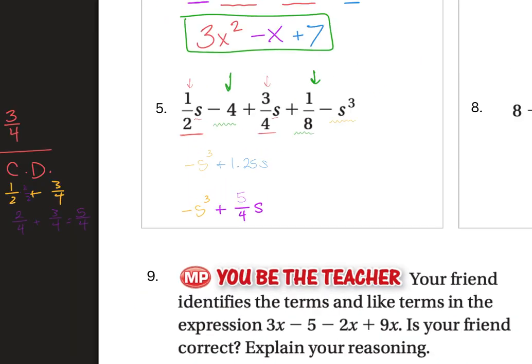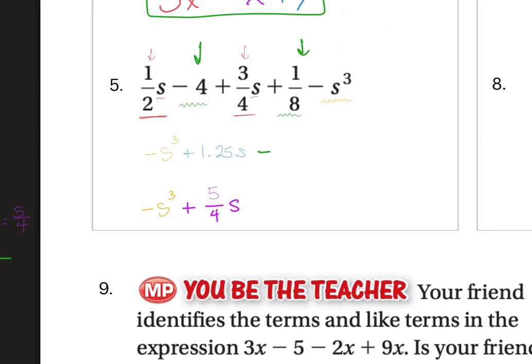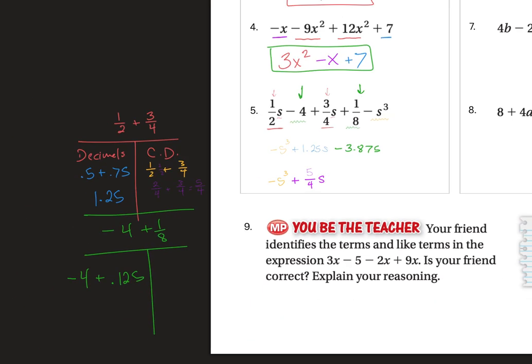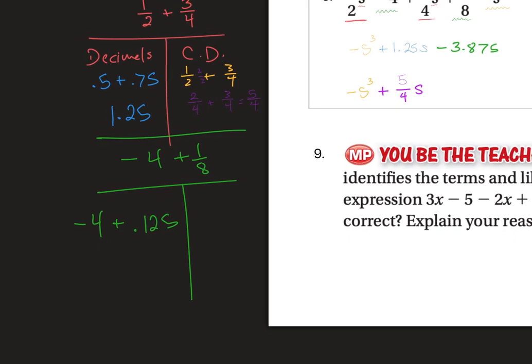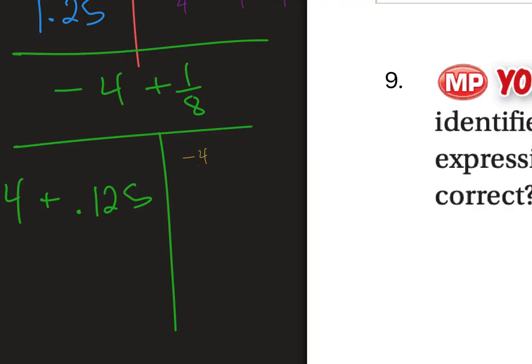And then now, -4 and 1/8. You kind of have the same situation here. -4 plus 1/8. You can either do -4 plus 0.125. And if you did that, you would get -3.875. Just trust me, that's what that would be. Or, like I said, common denominator, you would have -4 over 1 plus 1 over 8.